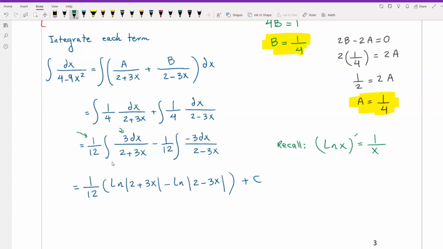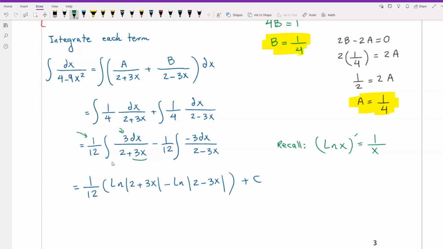So on top I multiplied by 3, and in the denominator I did the same thing, so 3 times 4 is 12. Why did I do this? Because I wanted to have the derivative of 3x on top. So the derivative of 3x is 3, and this way when we find the integral, the answer will be the natural log absolute value of 2 plus 3x.